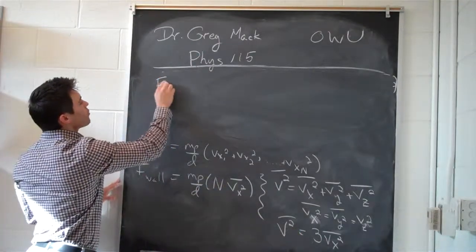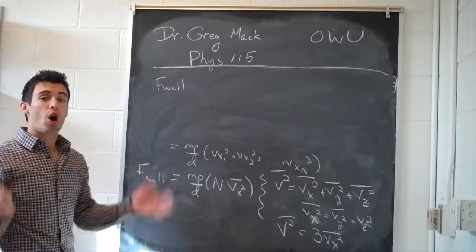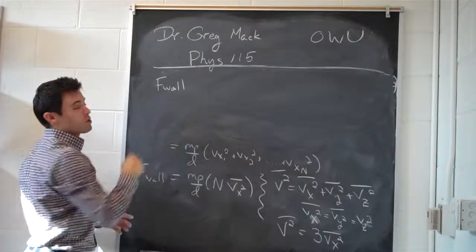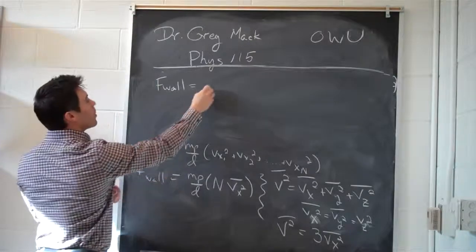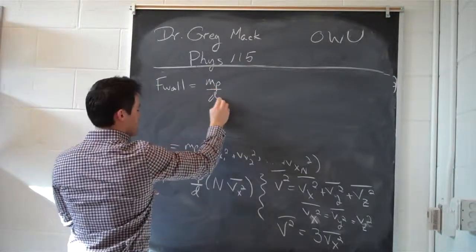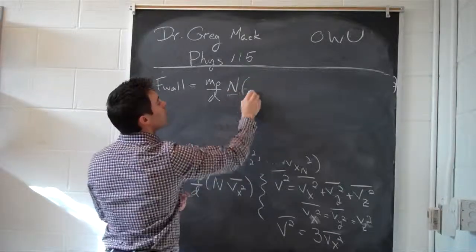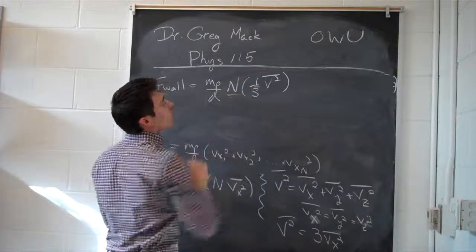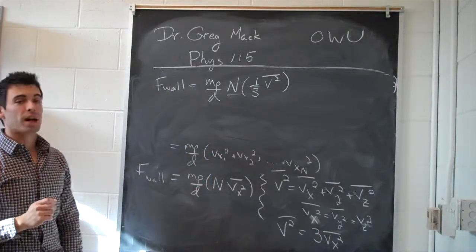So now I have F, the force acting on the wall due to all particles, because we're dealing with capital N here, is equal to mp over d times N times 1/3 of v average squared. Okay, just plugging in that for there. So it's the force acting on that wall.